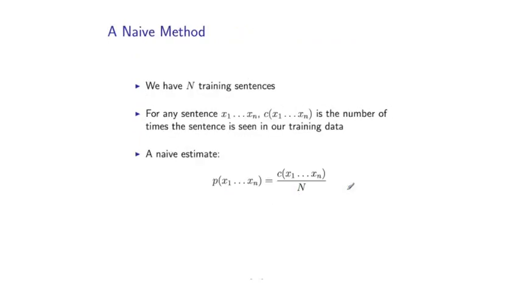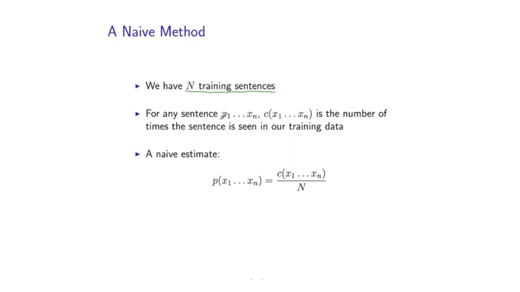Okay, finally, let's talk about a very naive method for language modeling, just to get us off the ground as a thought experiment. Say we have n training sentences, maybe a few million sentences from the New York Times, for example.